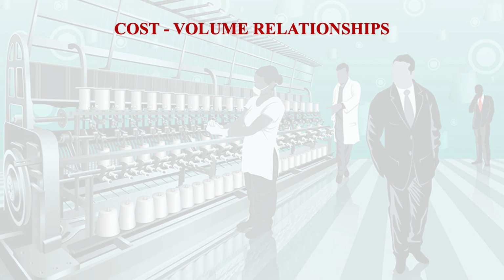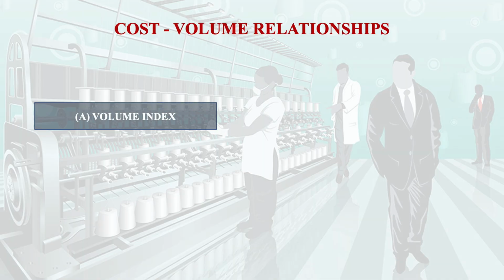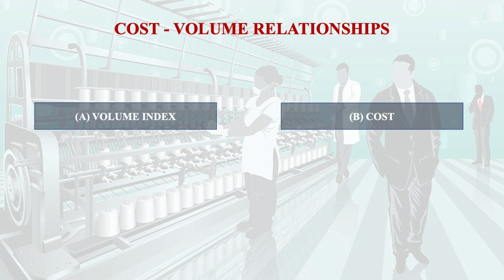Now we will talk about the relationship between cost and volume. It is defined with the help of two terms. First is called the volume index and second is termed as the cost. Under the cost, we will study different types of cost. So first we will take what is volume index.